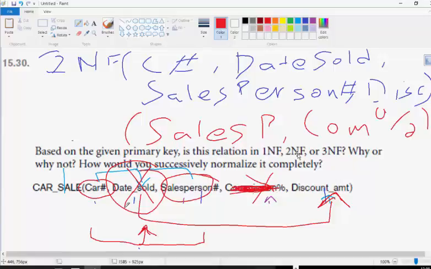So date sold and discount amount have to move out. Even though the arrangement looks different, it's still the same. Salesperson and car number give date sold, and date sold leads to discount amount. So that is a transitivity, and that has to come out. If I remove that, I'll then be in my third normal form.